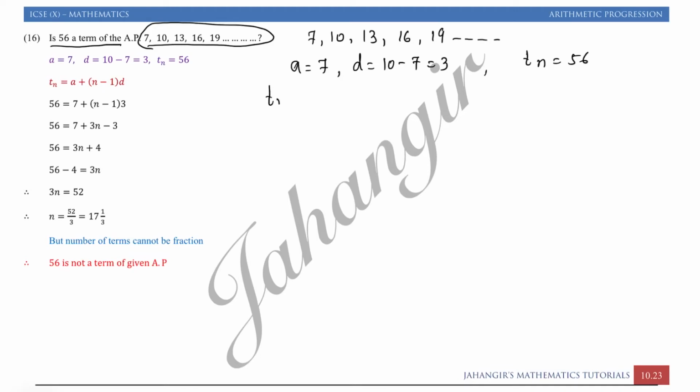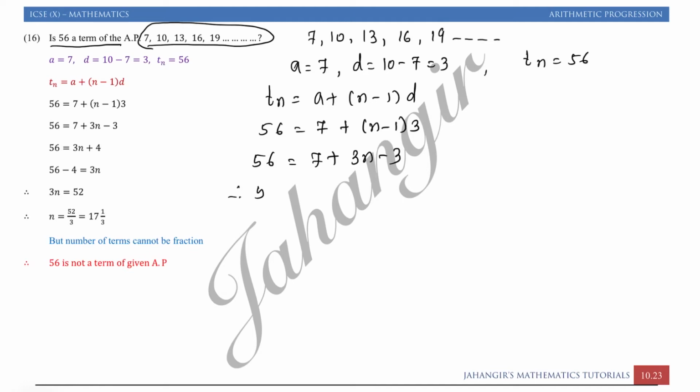So here I can say Tn is equal to A plus n minus 1 into D. So Tn is 56, that is A is 7 plus, let us write n minus 1 as it is, into 3. So 56 is equal to 7 plus 3n minus 3.